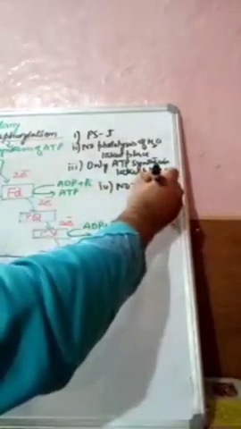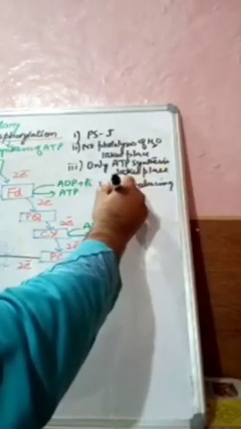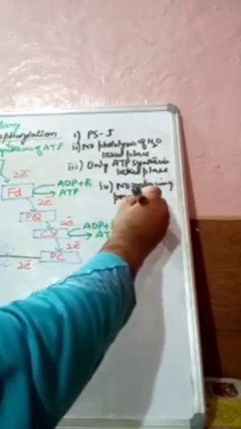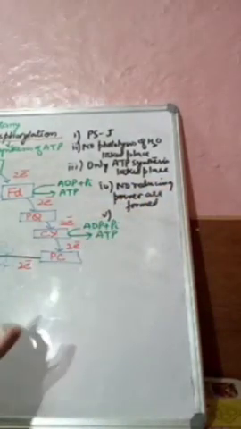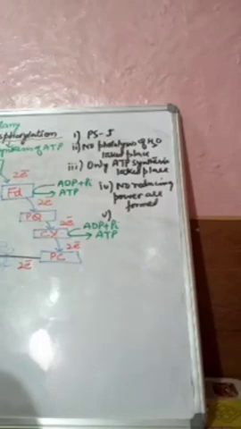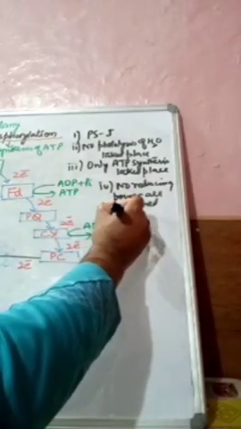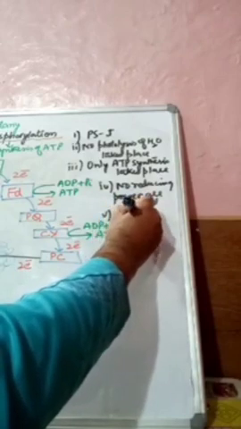No reducing power is formed. Another point is that this cyclic photophosphorylation takes place on the surface of the thylakoid, first associated with the stroma lamellae.